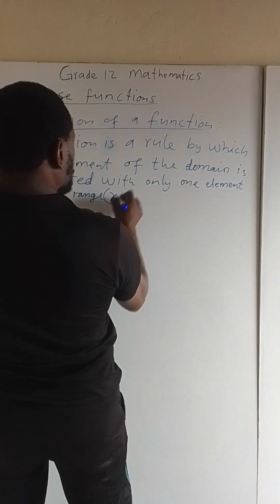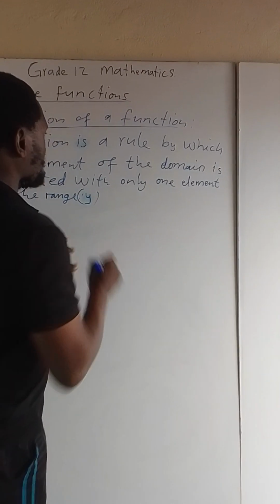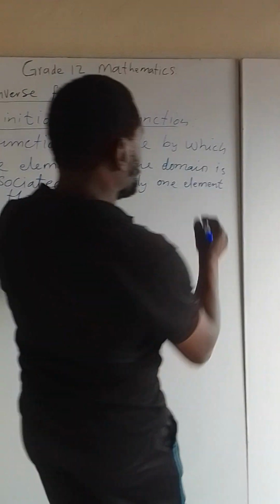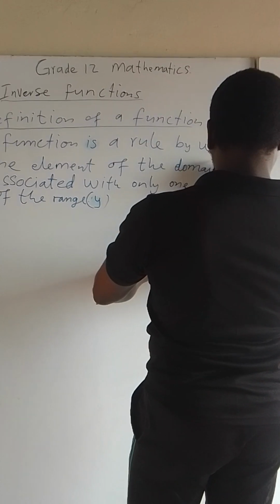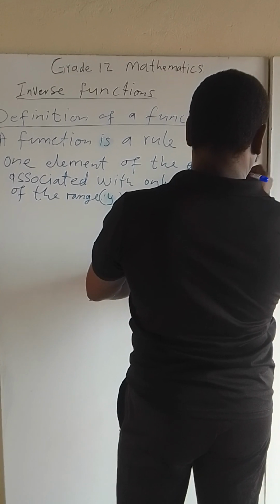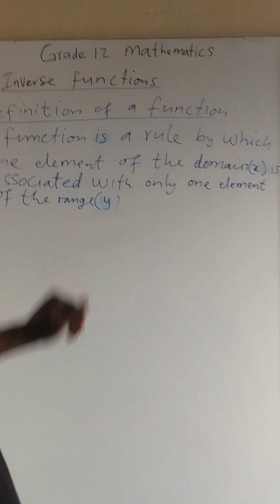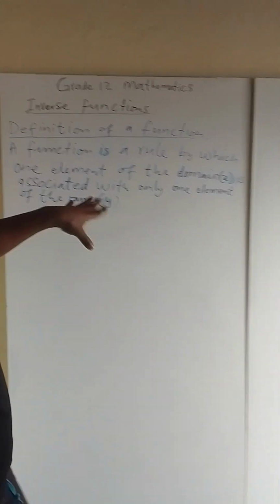When we talk about range, we talk about y. The range is y. And when we talk about the domain, we're speaking about x. Let me just make an example so that you will understand.